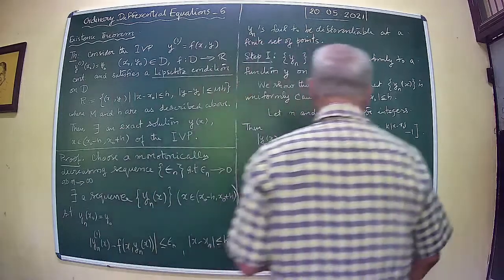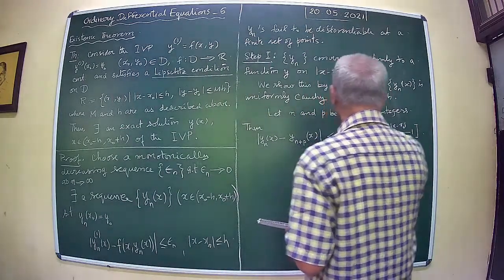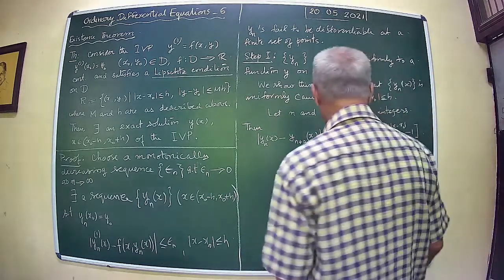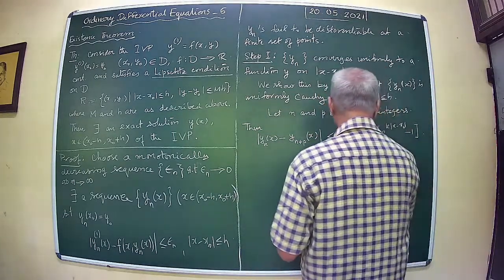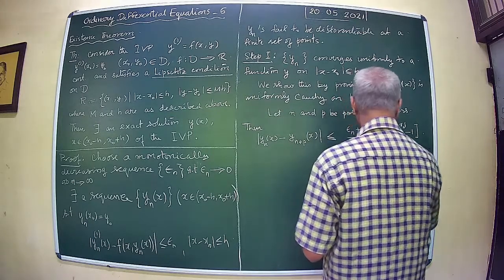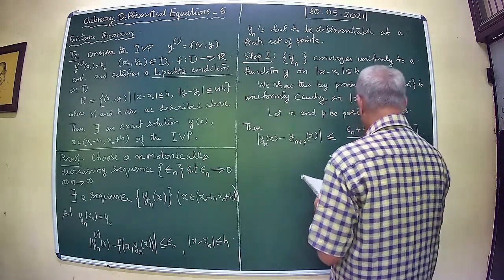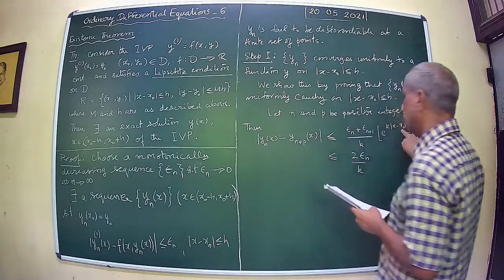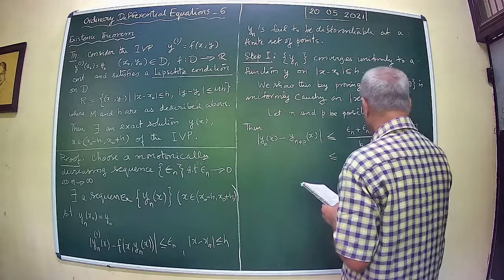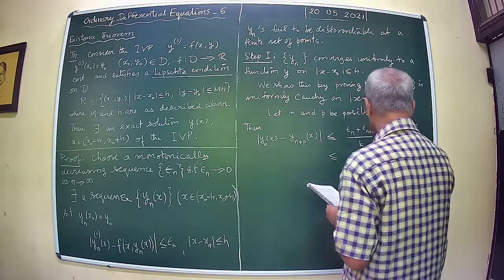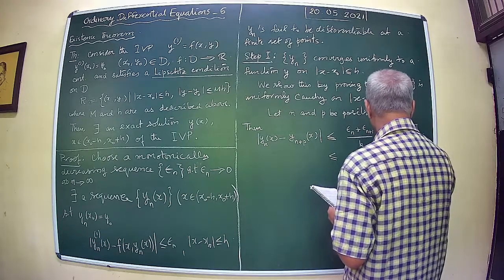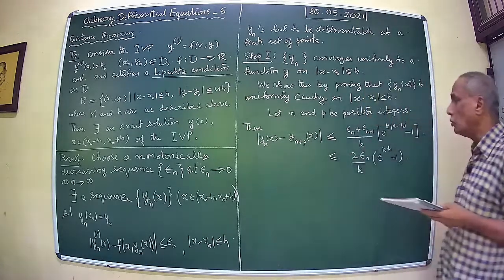And since we have assumed the sequence to be monotonically decreasing, this is less than or equal to 2 epsilon_n by k. And in fact, you have |x - x_0| less than or equal to h. Therefore, this is the bound for this.